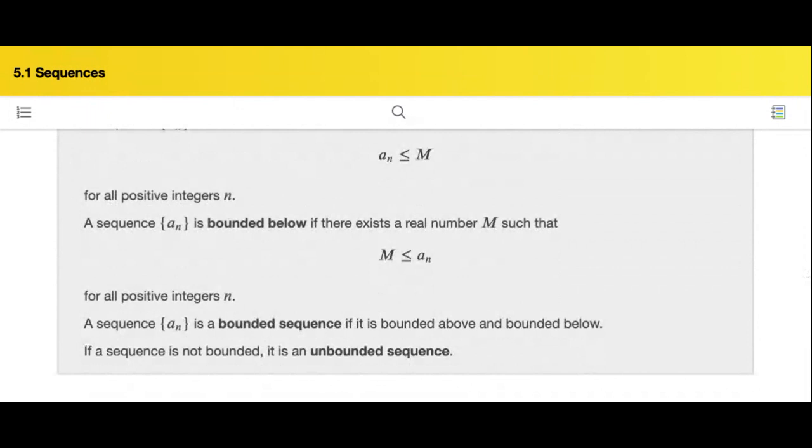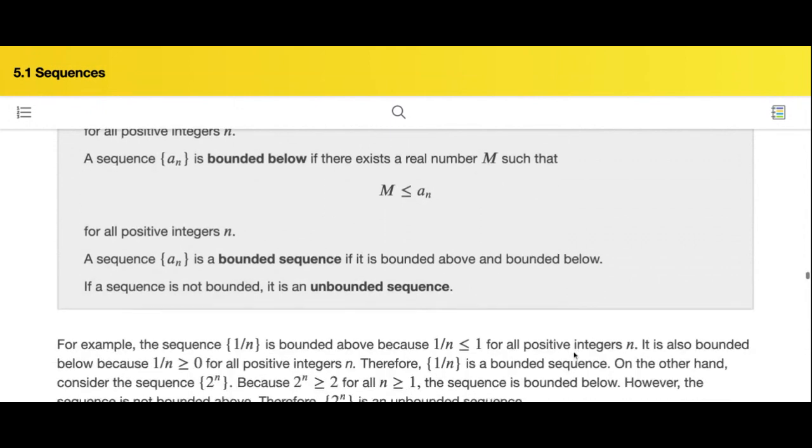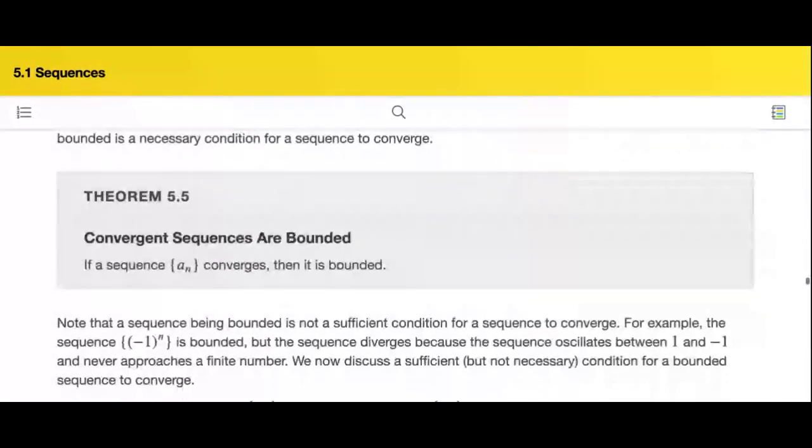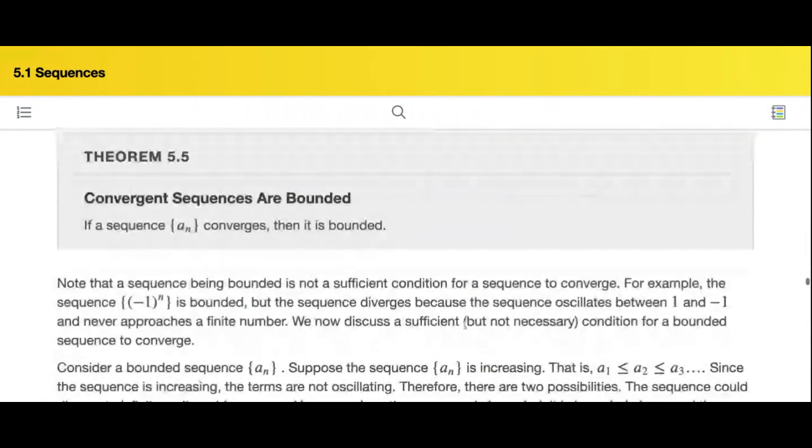A sequence is a bounded sequence if it's bounded above and bounded below. So a sequence is bounded in between two numbers. If a sequence is not bounded, it's called an unbounded sequence. So convergent sequences are bounded, of course, right? If a sequence converges, then it's bounded.